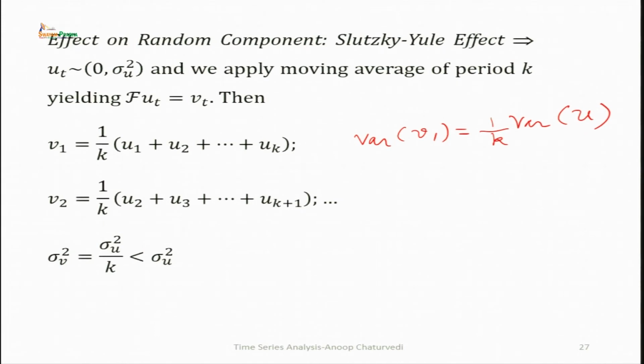So, sigma squared V is equal to sigma squared u upon k, which is less than sigma squared u. So, the variance of the random component reduces after taking the moving average. The random or irregular variations become smoother.